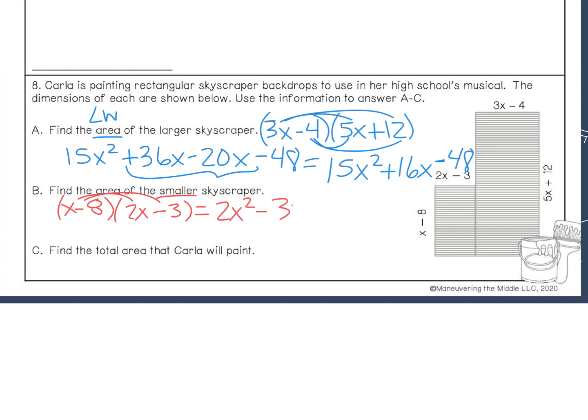Minus 3x, maybe I was jumping ahead. Minus 16x. I know I need to put those together. Negative times a negative is a positive. So when we put these together, 2x squared minus 19x. If you're struggling with those integer rules, please, please, please use the calculator.